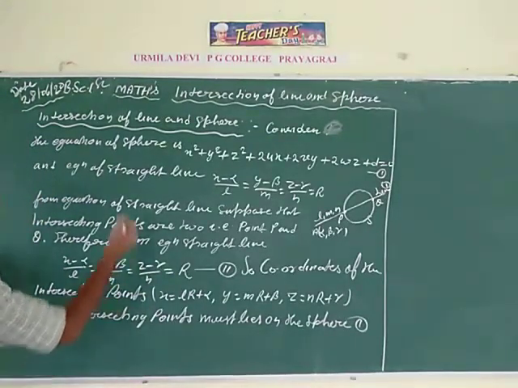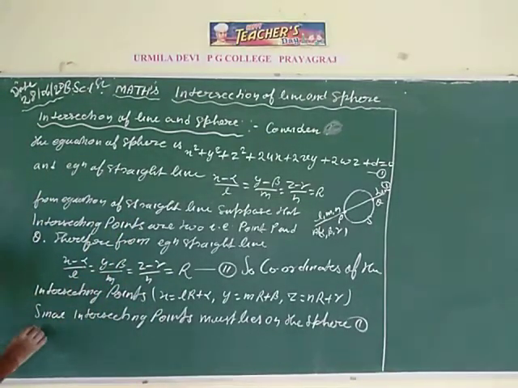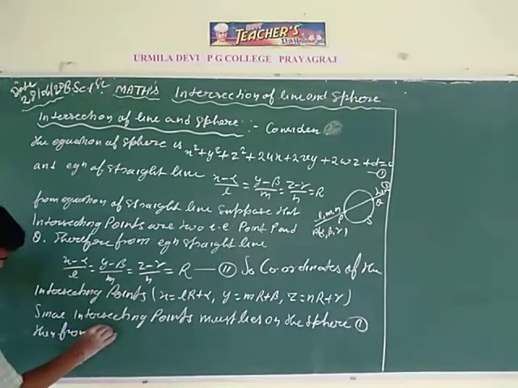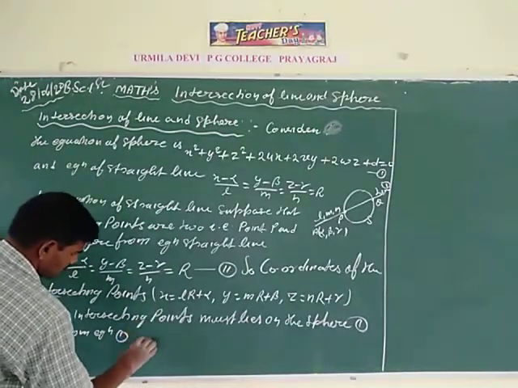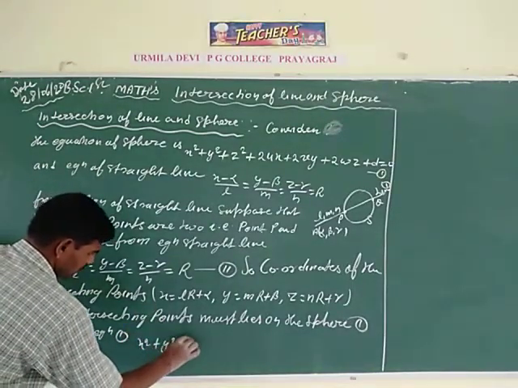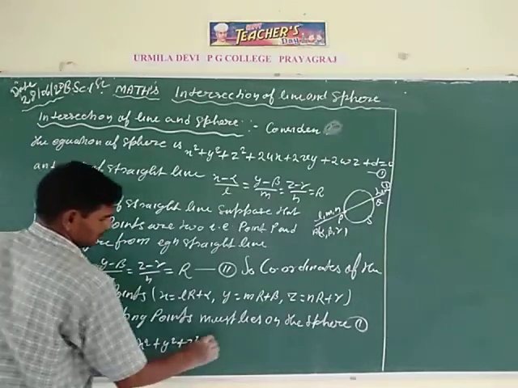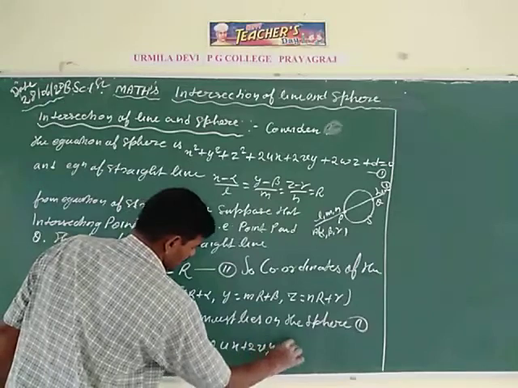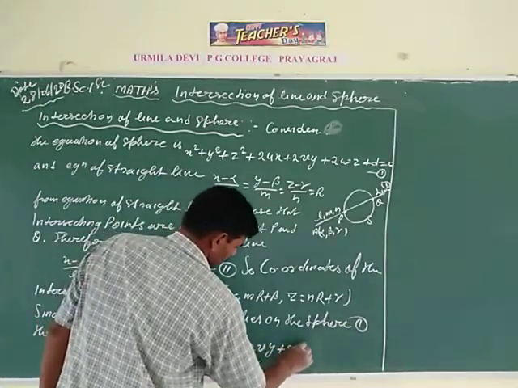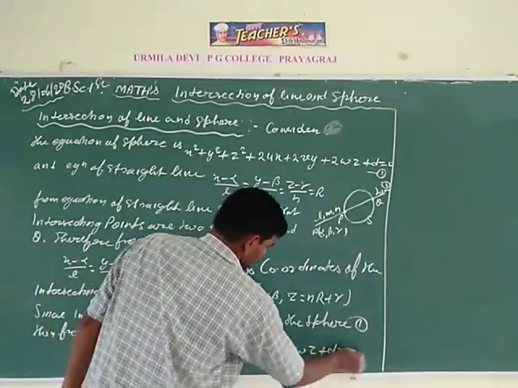So first, putting these values in the first equation, x square plus y square plus z square plus 2ux plus 2vy plus 2wz plus d is equal to 0.